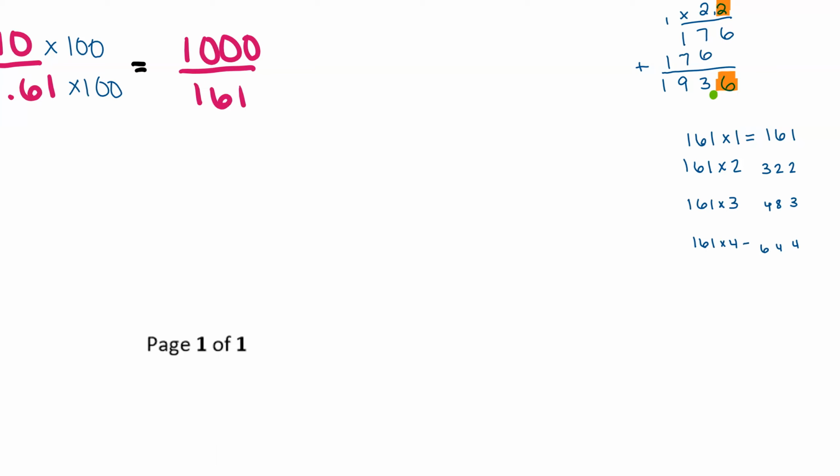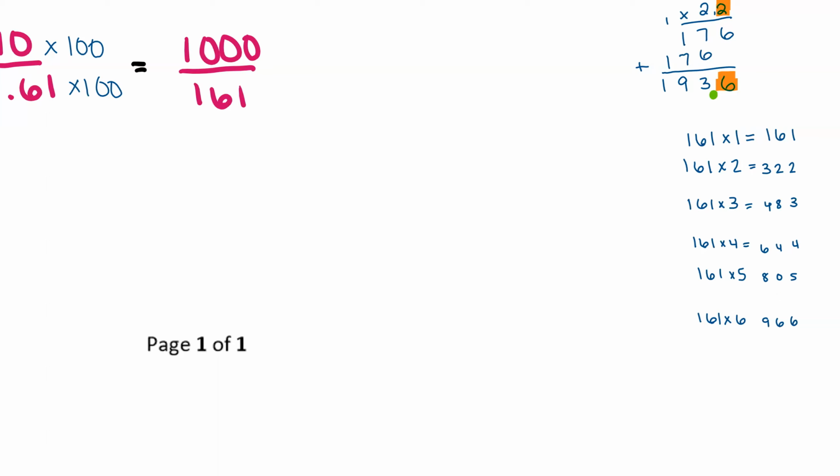And then 161 times 5. Again, I'm just adding 161, so 805. And then let's add another 161, so 161 times 6 is 966.